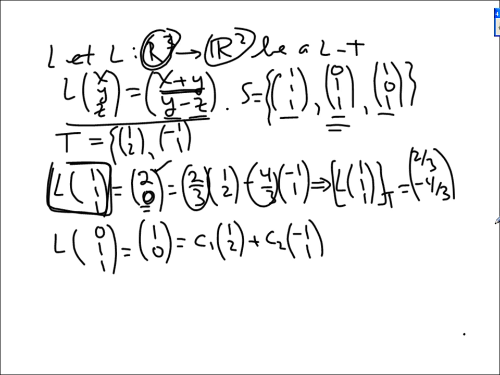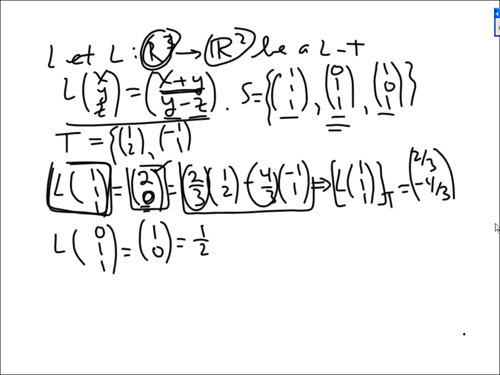But there's half of this. Half of 2, 0 is 1, 0. So what I want is half of 2, 0. Half times 2 is 1. Half times 0 is 0. So I do get 1, 0.